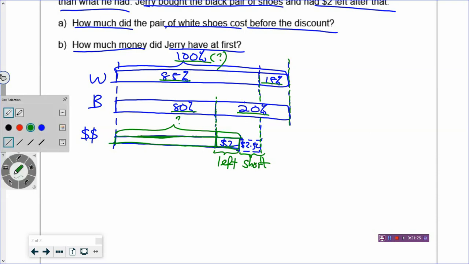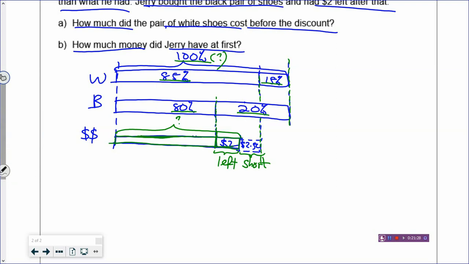Okay, so let's now continue and look at the model and solve. So if you look at the model, what do you see? Now, can you see the 20% discount, right? And the 15% discount? If you take 20% and you minus 15%, that will give you how many percent? That will give you 5%, right? 20% minus 15%, that will be 5%, right?